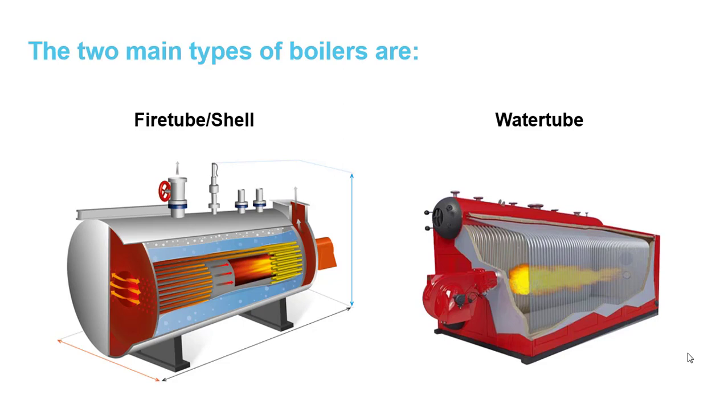Each passage we call one pass, two pass, like this. That is called the fire tube. Basically in fire tube, the fire goes inside the tube, which is surrounded by the water. Whereas in water tube, the fire is outside, and the water goes inside the tube. That is the major difference between the fire tube and water tube.